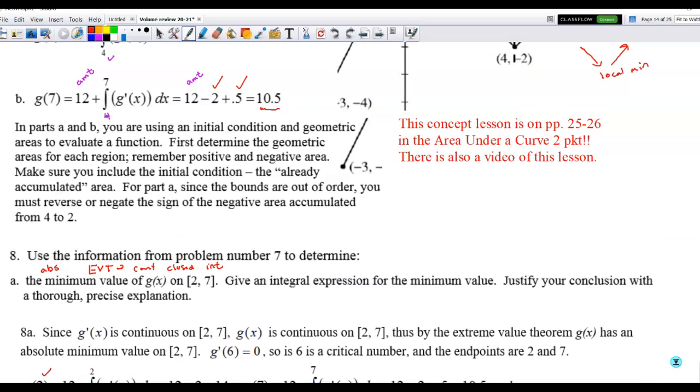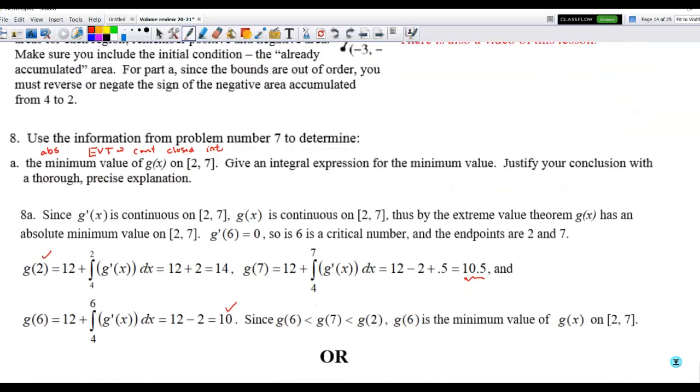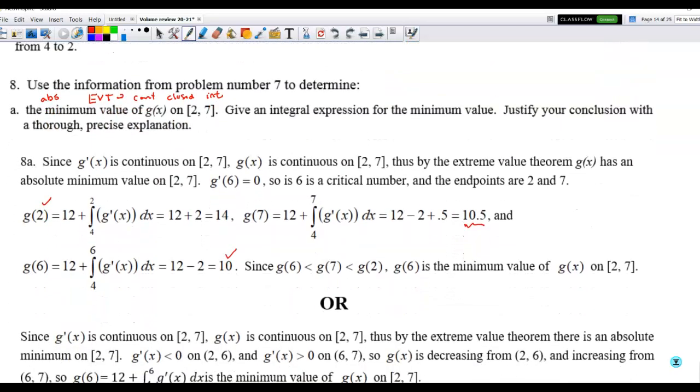Yeah, g of 7 is 10.5. Well, there it is right there. G of 2 is 14. G of 7 is 10.5. I can calculate g of 6 to be 10. Therefore, 10 is less than 10.5 and 14. Therefore, it's the absolute minimum of the graph.